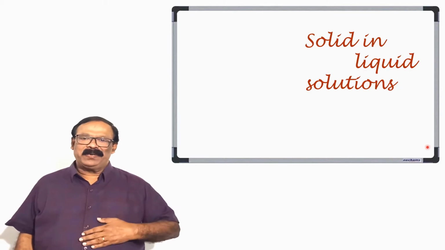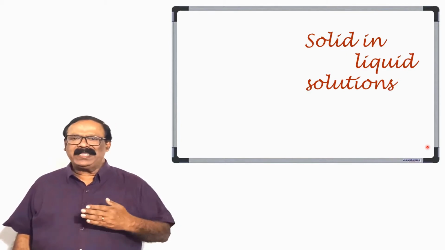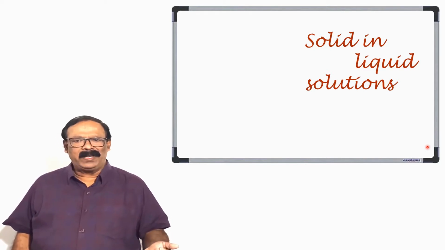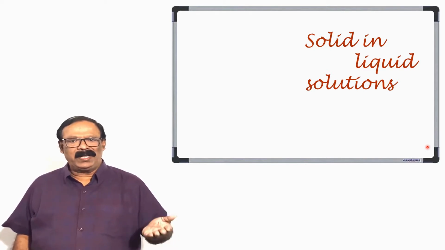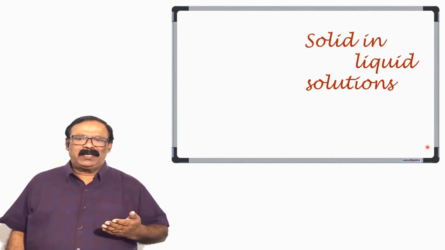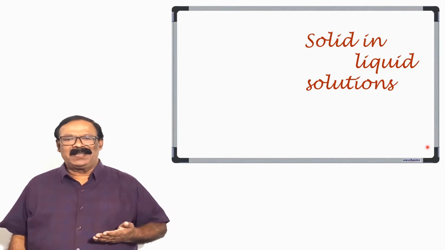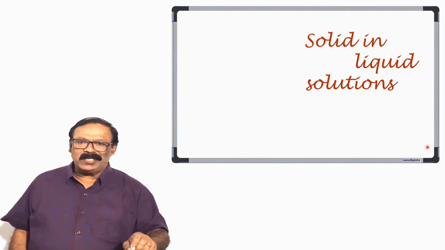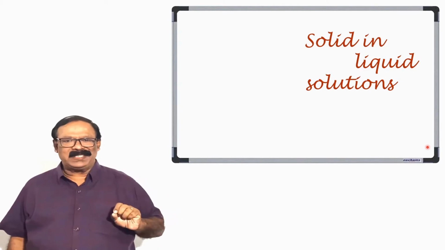Now, if you keep water or any other liquid in a vessel, slowly the molecules will be going from the liquid phase to the vapor phase. If you keep sugar in a vessel, will the molecules of sugar go from the solid state to the vapor phase?